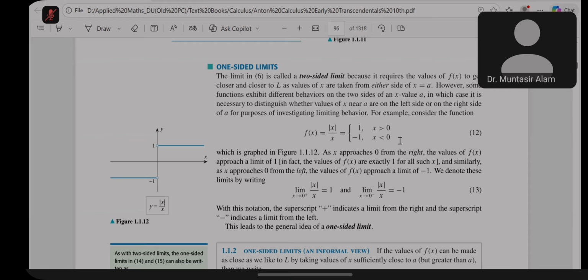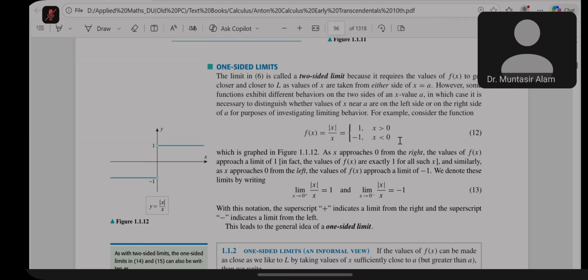Next, we are moving towards one-sided limit. Since an existing limit at a point means the limit should exist from both sides, but in particular cases, we can consider one-sided limit.